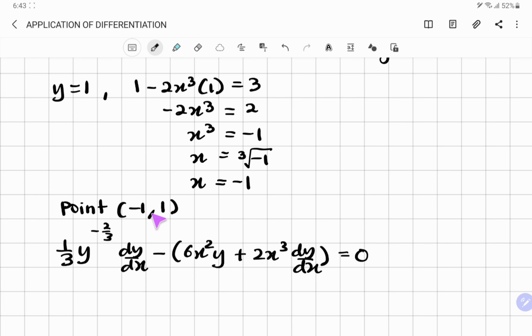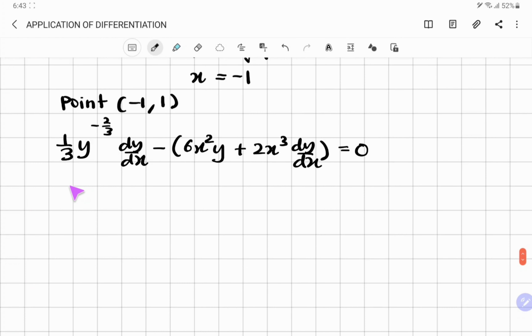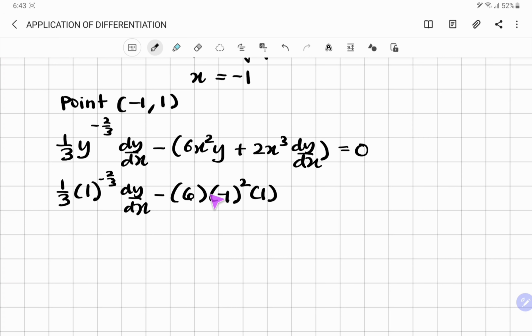Let us substitute the point into the equation. Then we're going to get 1 over 3 times 1 to the power of negative 2 over 3 dy/dx, minus 6 times negative 1 squared, and y is 1.